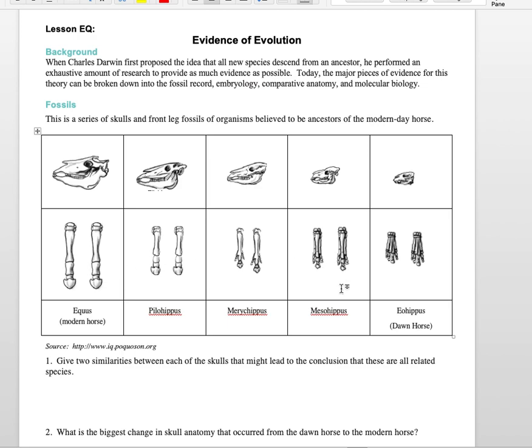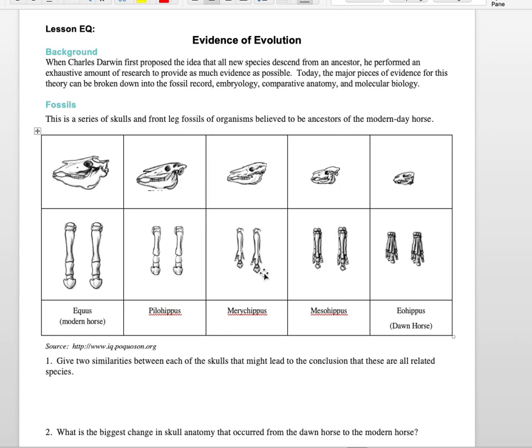If we look at the Mesohippus, we see more of a solid, thicker bone here in the middle, and fewer smaller bones, as well as the size increasing. Note that the skull has changed a little bit more, but it has that relative same shape.